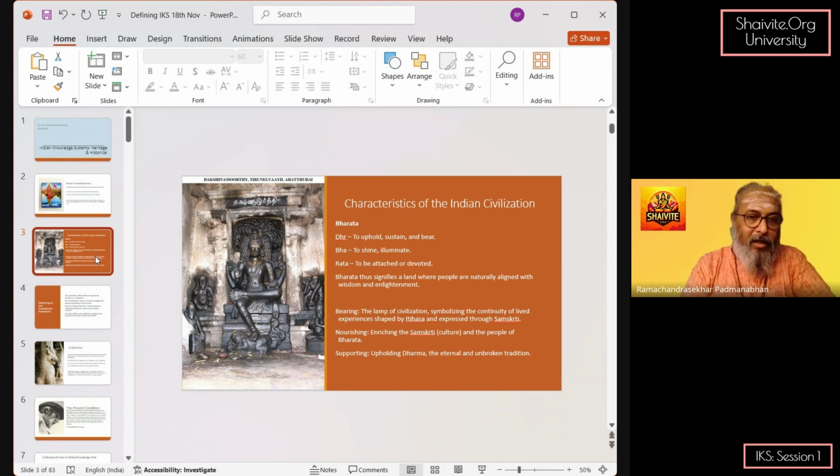Tamas or darkness is a metaphor for ignorance, while light has been a constant metaphor for knowledge. So when we say bha, or to shine, or the light, it is knowledge. So people who were naturally affiliated to knowledge. The term Bharata itself means the land where the society is knowledge centric. So ours was a knowledge centric society.